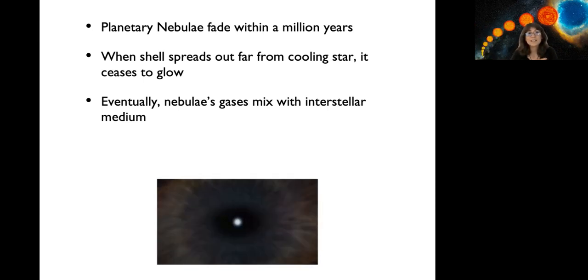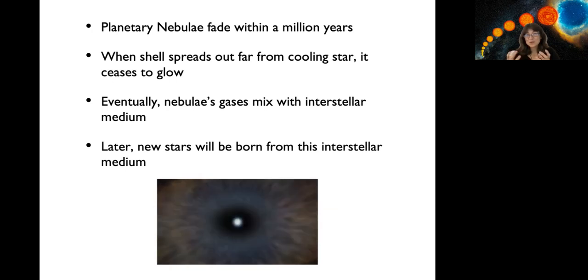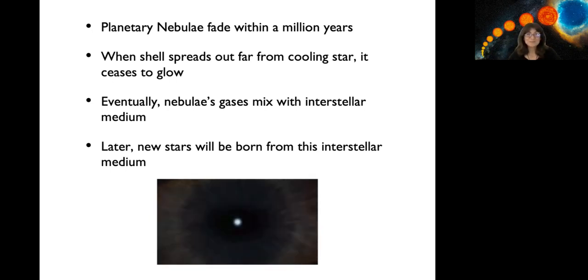Eventually, the entire nebula will mix again with the gas from the interstellar medium. And later, in case you were already wondering, this interstellar medium that came from the nebulae is going to become, hopefully, another molecular cloud, and then hopefully you will get new stars that are born from the leftovers of these stars.